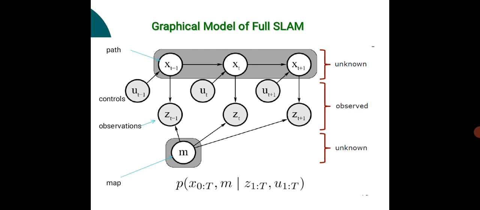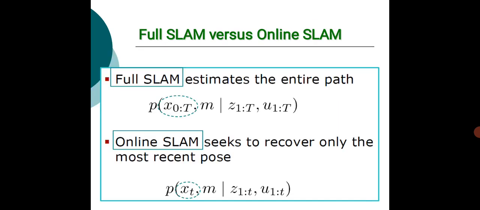This represents a graphical model. We have the path unknown, the controls observed, the observations observed, and this is the map. So you can see here P of x0 to t and the map, given the observations and the controls.